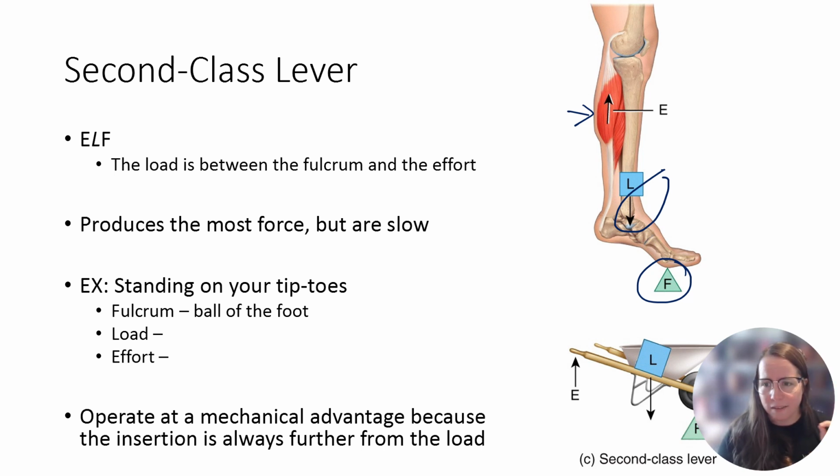Again, because the effort arm is longer than the load arm, we are going to have mechanical advantage. I can lift heavier things. I have a little bit less range of motion, okay? But I can lift the heavy things with less effort. It's a lot easier to stand on my tiptoes with my body weight than it is to try to curl my body weight.